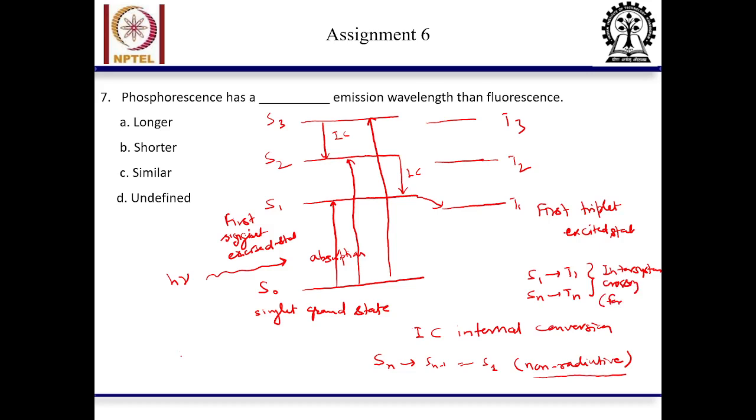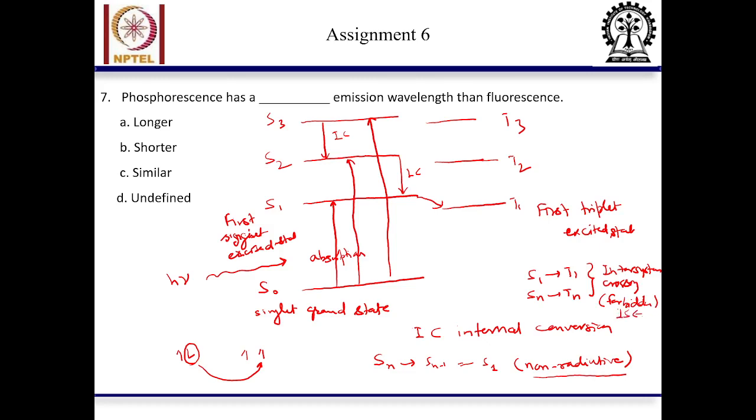Your singlet is paired, while your triplet has parallel spins, so the spin has to flip. It is forbidden, but it still occurs. This is called intersystem crossing or ISC.